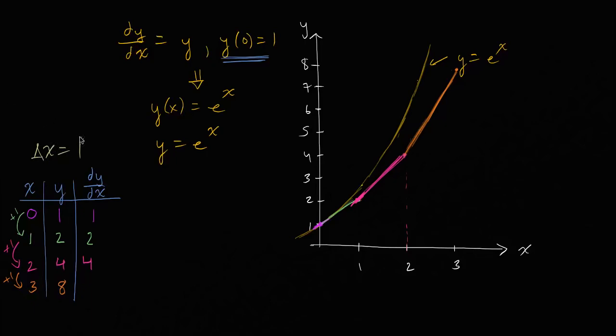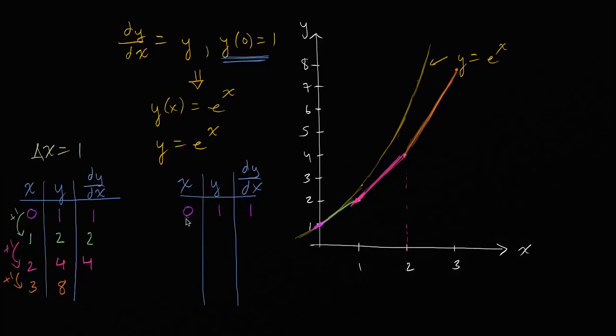And let's do that. So let's take another scenario, where instead of delta x equal 1, let's say delta x equals 1/2. So once again, x, y, and the derivative of y with respect to x. So we know this first point, we're given this initial condition. When x is 0, y is 1, and so the slope of the tangent line is going to be 1.